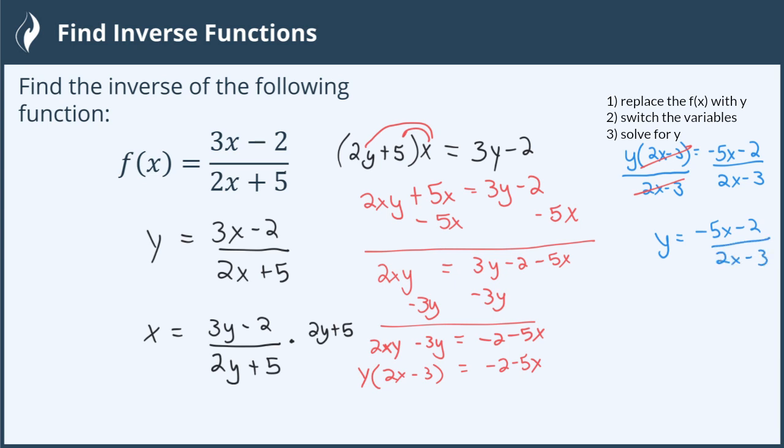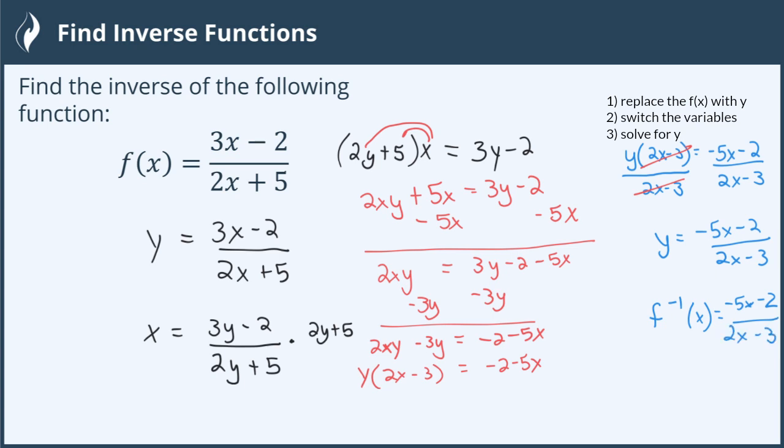And now, after we solve for y, there is a fourth step, and the fourth step is to change out the y for the notation of the inverse. So it would be f to the negative 1 of x equals negative 5x minus 2 over 2x minus 3.